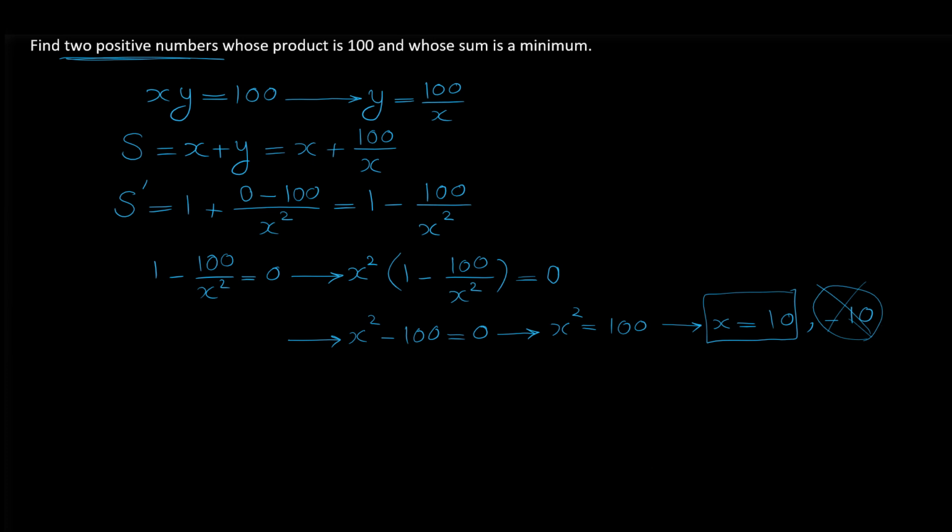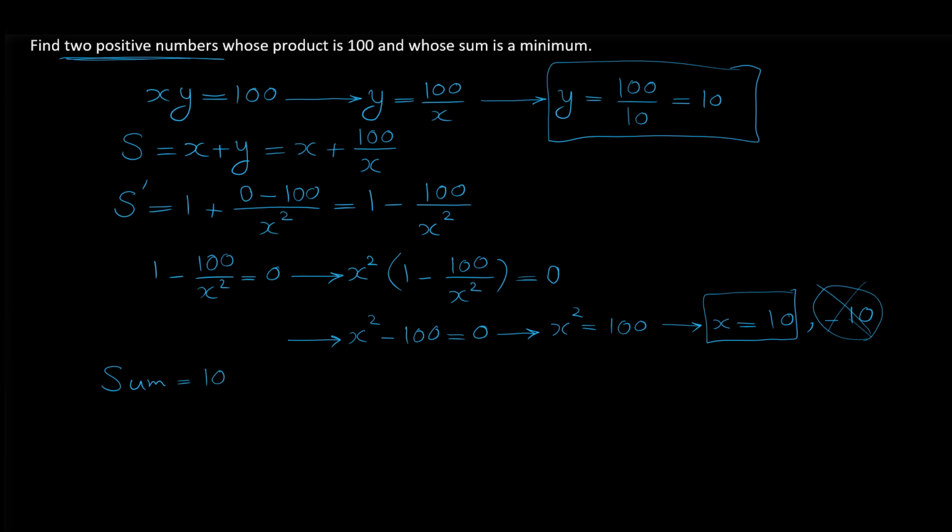Now if we plug in 10 in the relation between y and x, y would be 100 over 10, which is 10. So y is also 10. So the two positive numbers whose product is 100 and whose sum is minimum are 10 and 10. And the sum of those numbers is 10 plus 10, which is 20.